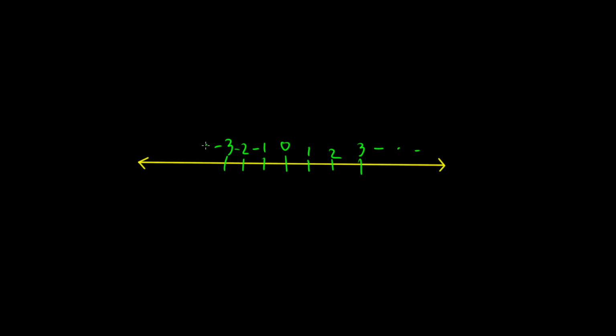So what we can do is start out with a number line, just working with one dimension, and on this line we could have 0, 1, 2, 3, and so on, and the other way too, -1, -2, -3, and so on.